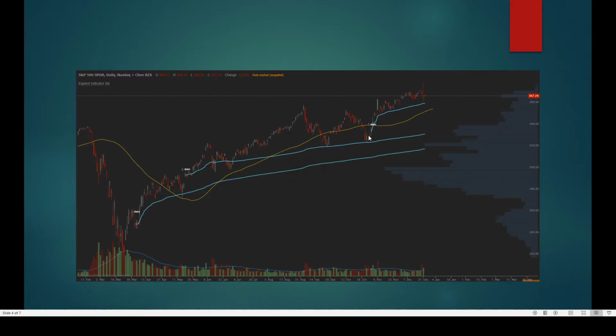If I didn't have this here, and maybe I didn't have the moving average, those are two simple things. The VWAP is moving up, and the 50-day moving average is moving up. So those two things in themselves can give you a big picture bullish bias.